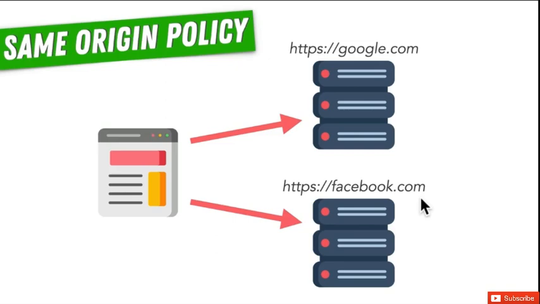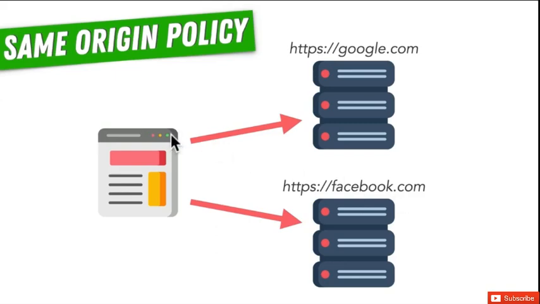Under the same origin policy, your browser allows all requests from the same origin as the page that you've loaded in your browser. So you can be on google.com and make requests to google.com with the HTTPS protocol. But the browser restricts requests from different origins than the site you're currently browsing.